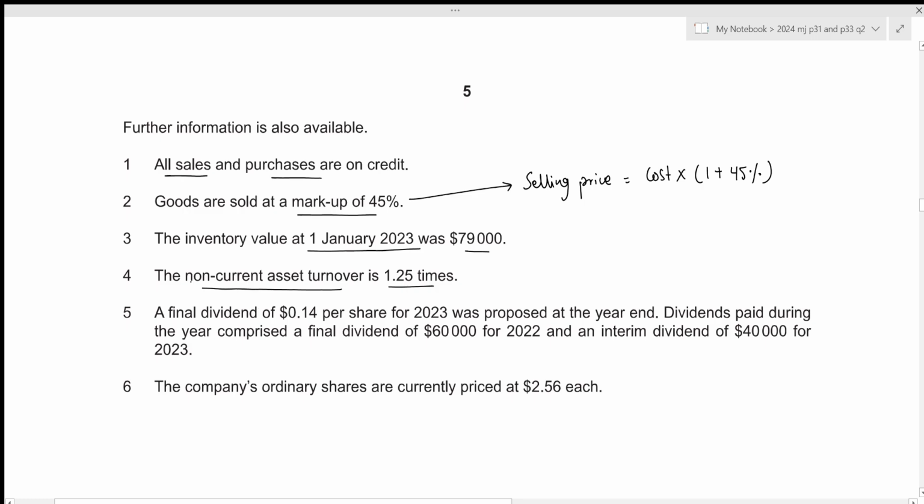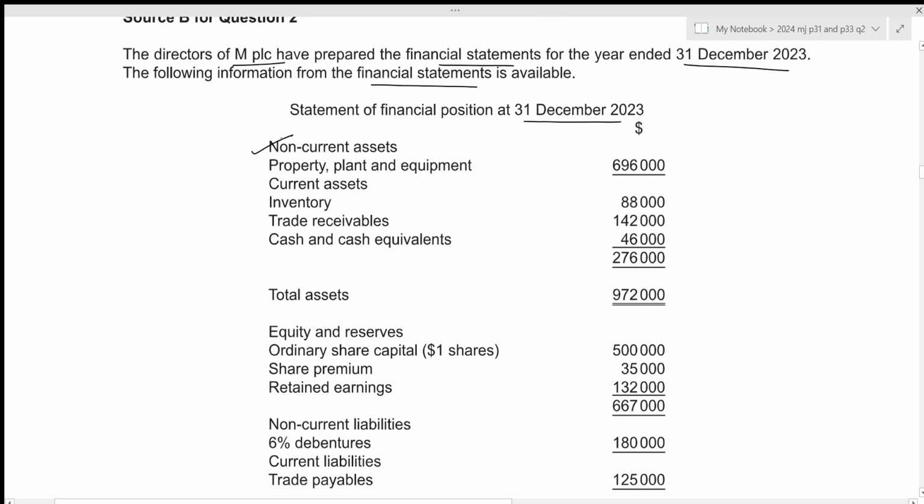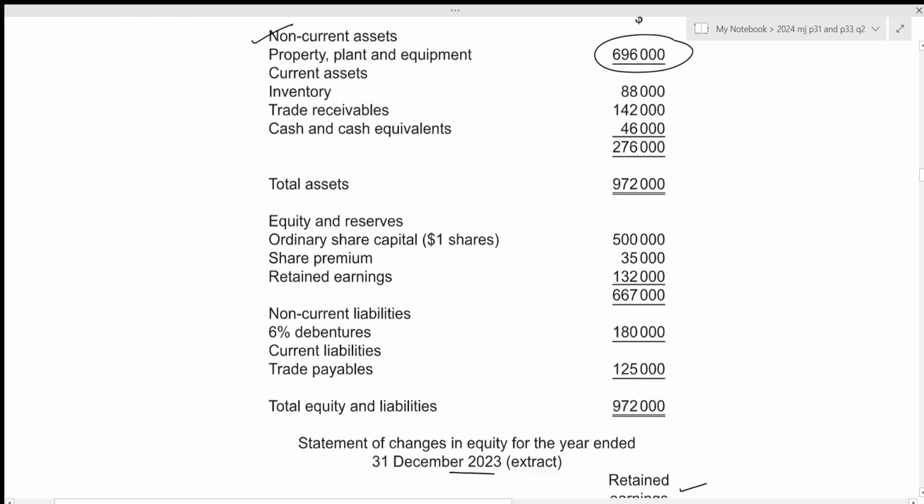The formula for the non-current asset turnover is the net revenue divided by the net book value of non-current assets. So 1.25 will be equal to the net sales divided by the net book value of the non-current assets. And we have been given the statement of financial position from which we can extract the value for our non-current asset, which is 696,000.